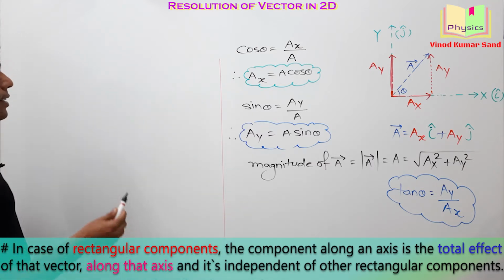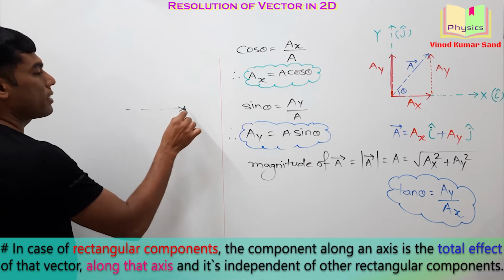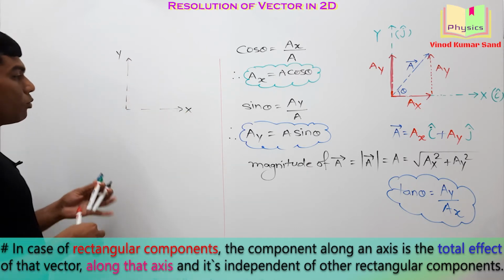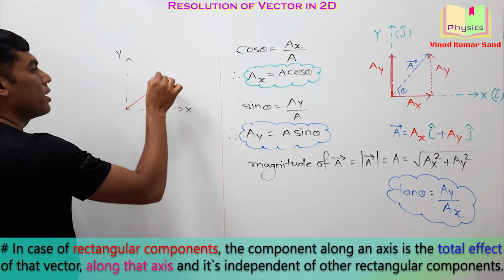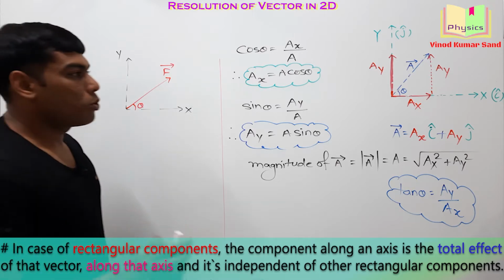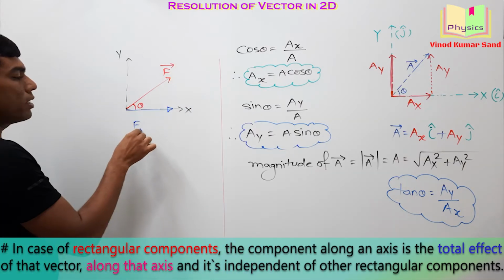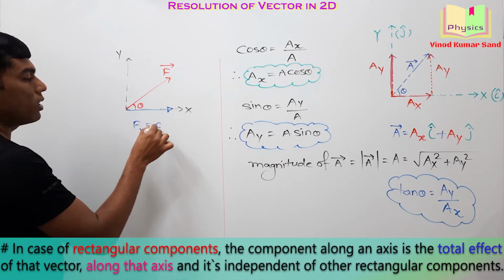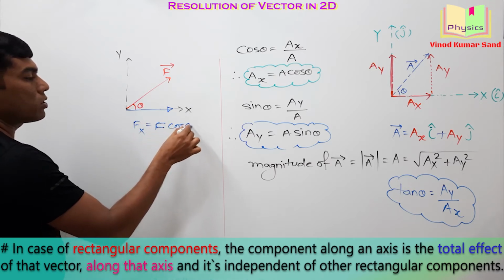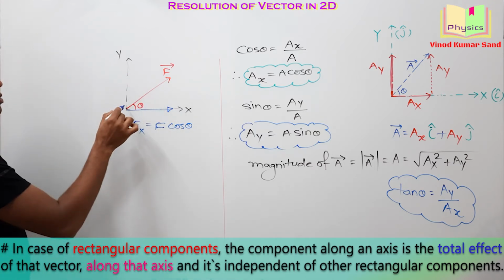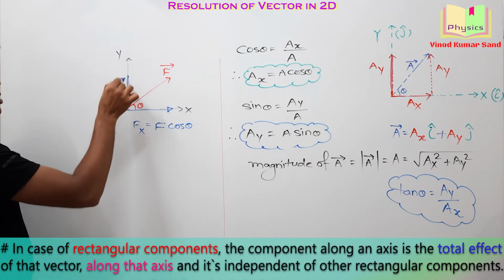I'm explaining that. Suppose this is x-axis and this is y-axis, and we have a force here. We name it as F vector. This angle is theta. Now if you compare with this, the magnitude of the x component of the vector, Fx, is equal to F cos theta. Similarly, the y component of this vector will be shown here.